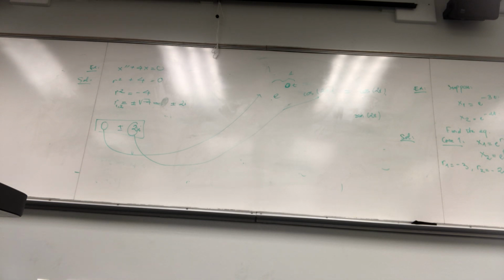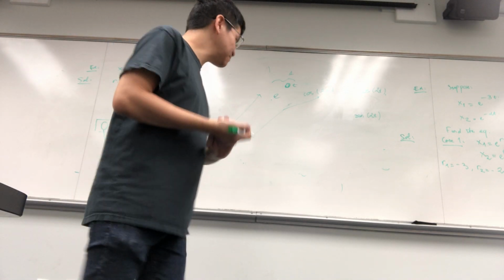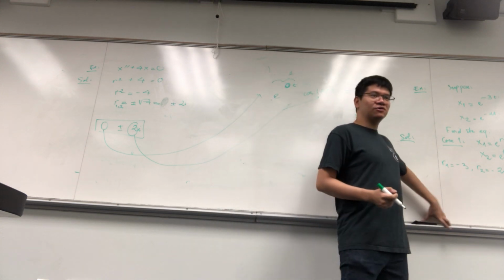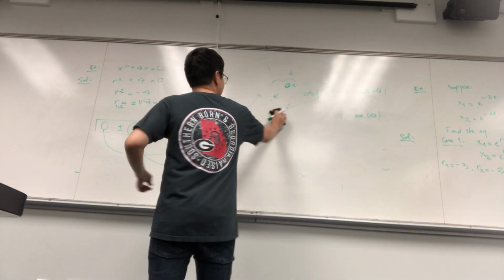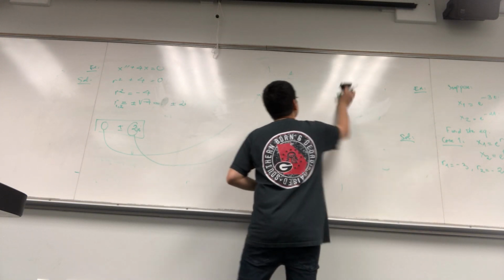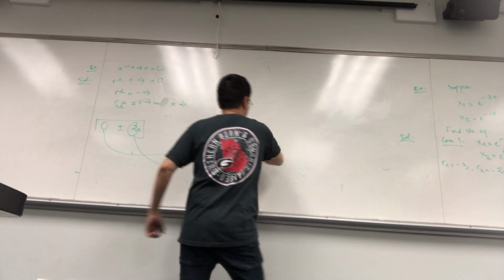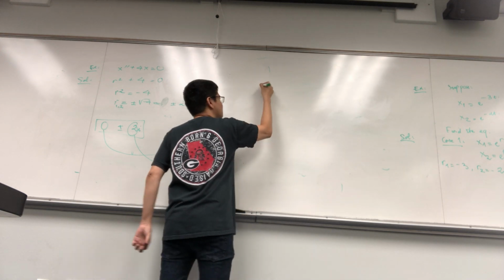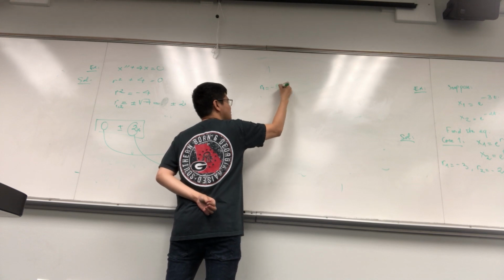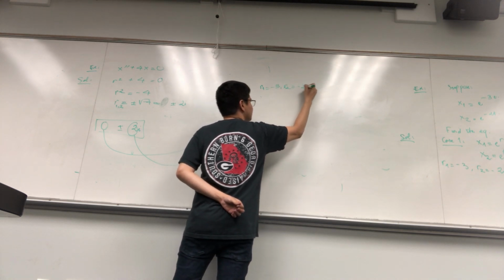Yes? Then do we do r plus 3 times r plus 2 all equals 0? Yes, can you sign the back of the paper, please? Right. So r1 is minus 3, r2 is minus 2.